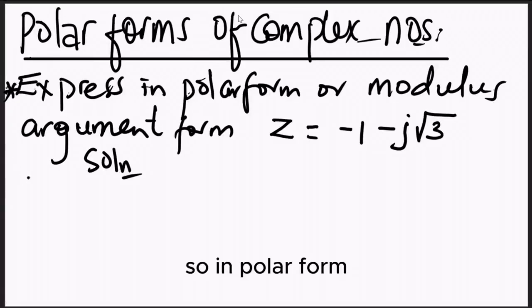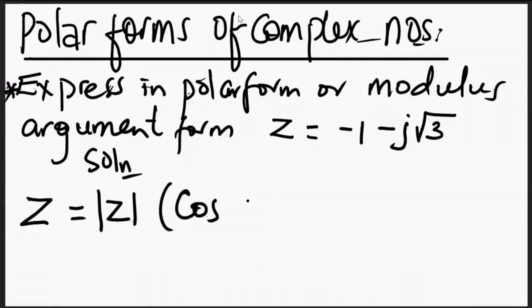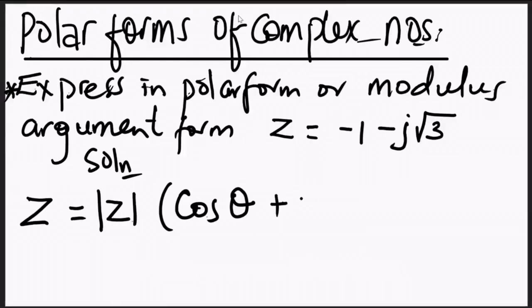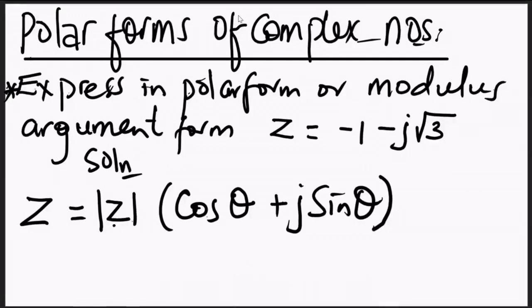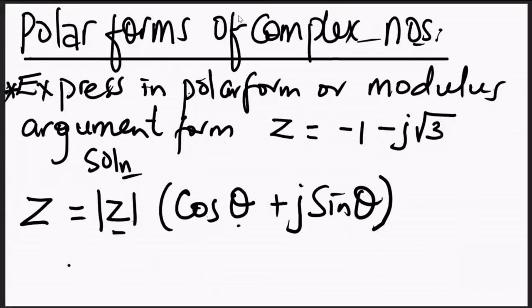So in polar form, the formula is Z is the same as the modulus of Z times cos of angle theta plus j sine of angle theta, whereby this is the modulus of Z, and theta is the argument.